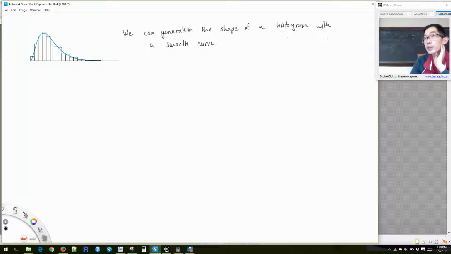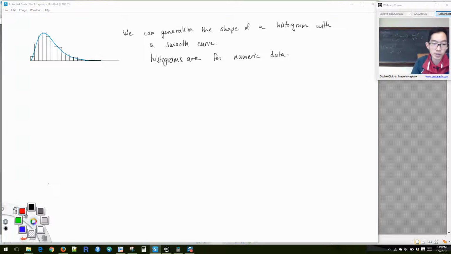Keep in mind that histograms are for numeric data.